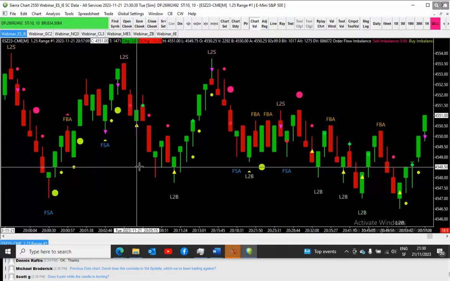Obviously, delta doesn't signal, as far as I'm aware, if you have an imbalance on the bar, which this one does. But it's a similar sort of concept. We're looking at traded volume, which delta obviously does as well, but it's analyzing it slightly differently, if you like.